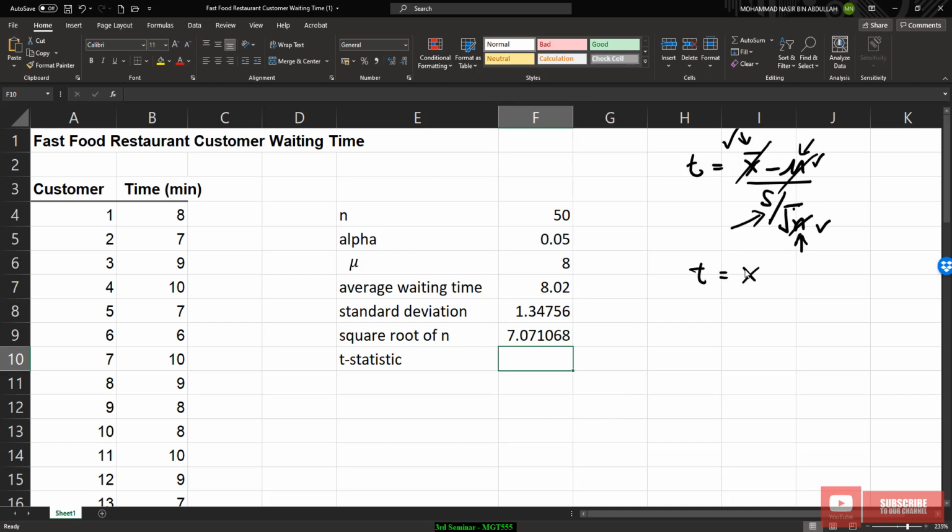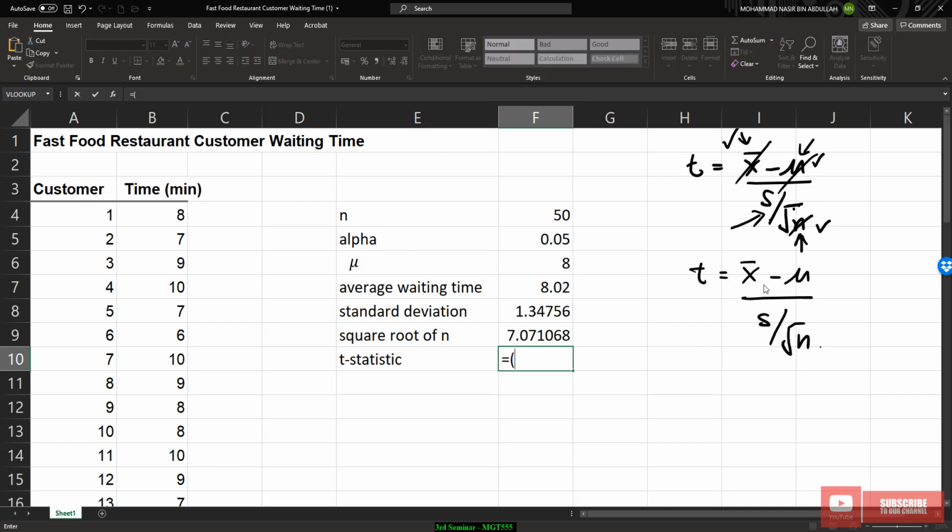T is equal to x bar minus mu divided by s over square root of n. So we put equals, and we do the top part first: x bar, which is 8.02, minus mu, which is equal to 8.